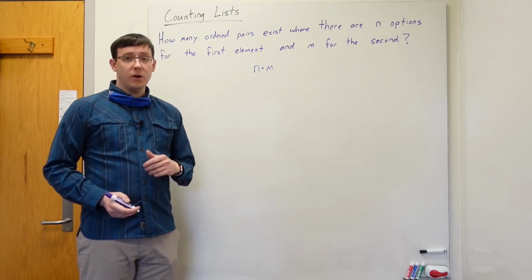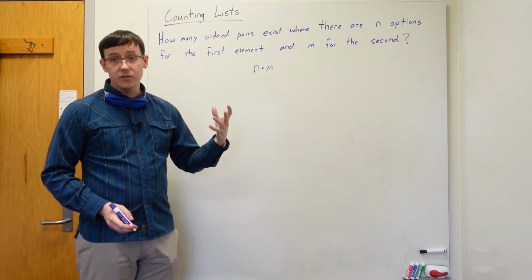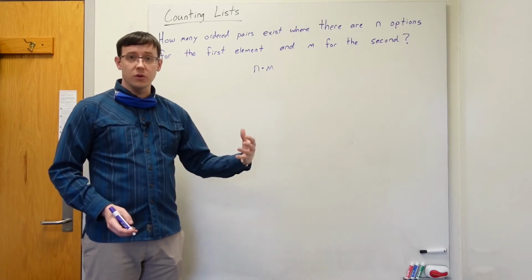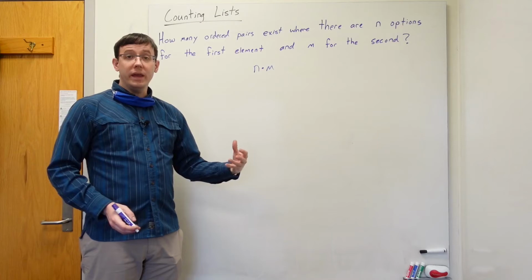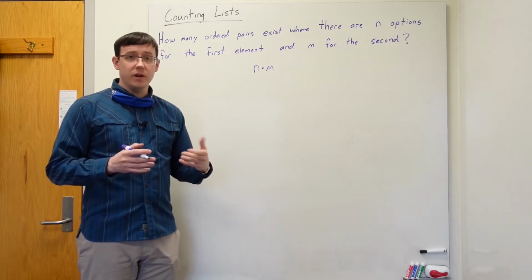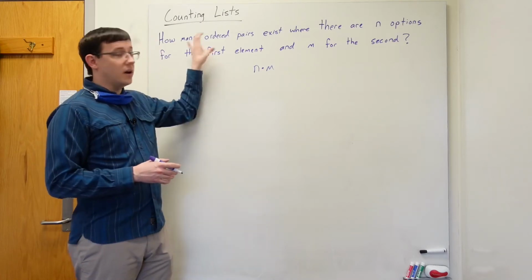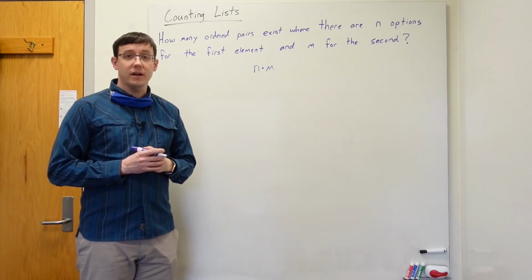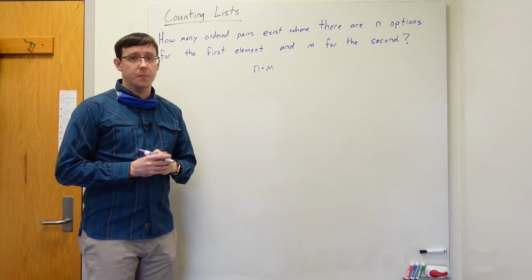But if we want to count the number of possible lists of length more than 2, then we can break the problem down into problems that look like counting lists of length 2.